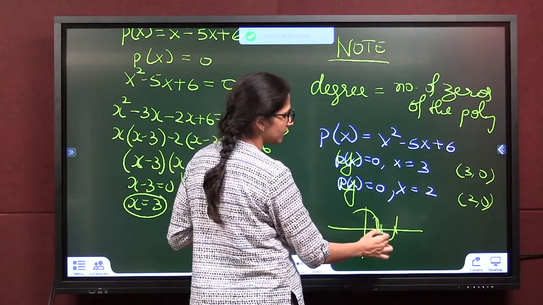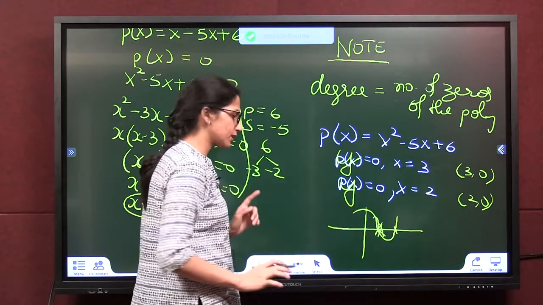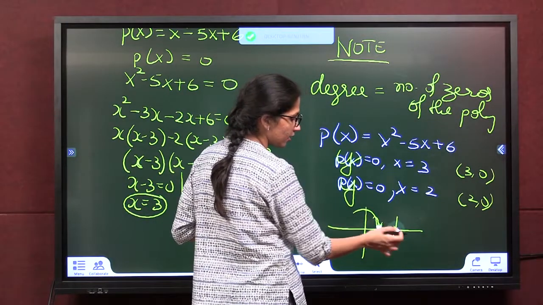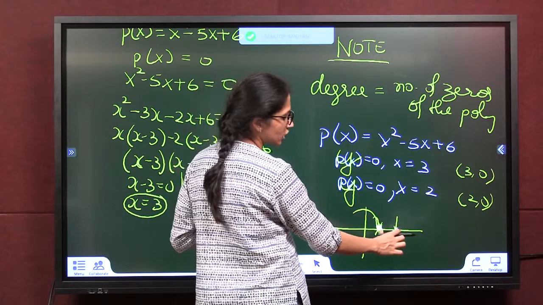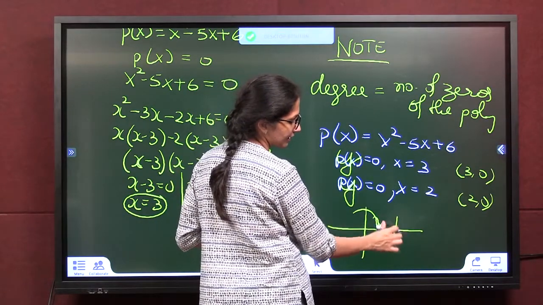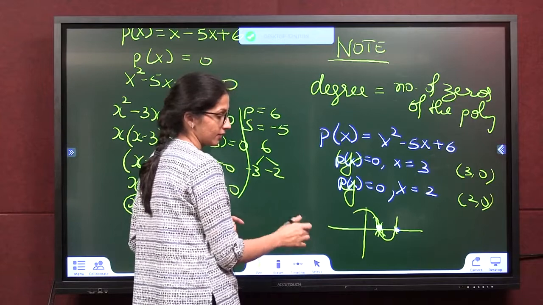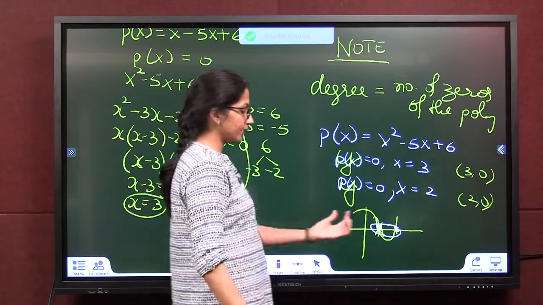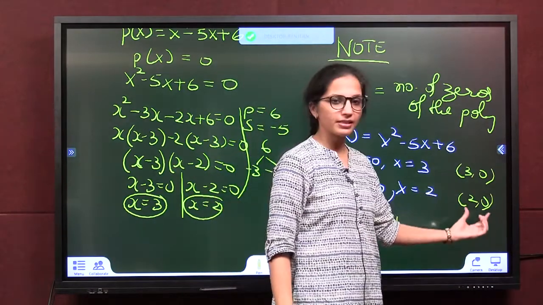How it is curved, that's not your problem right now. You just need to understand the main point here. The point where the curve touches or intersects the x-axis depends on the zeros of the polynomial. It will intersect 2 times here because there are 2 possible zeros.